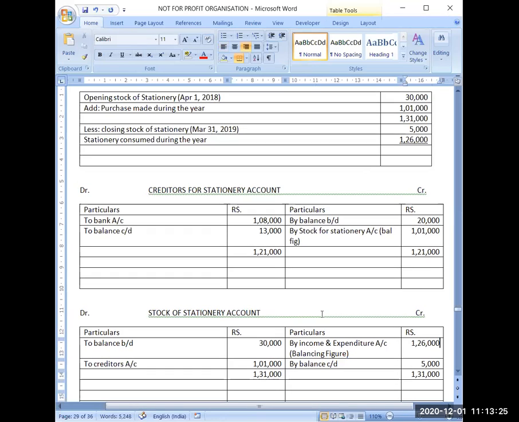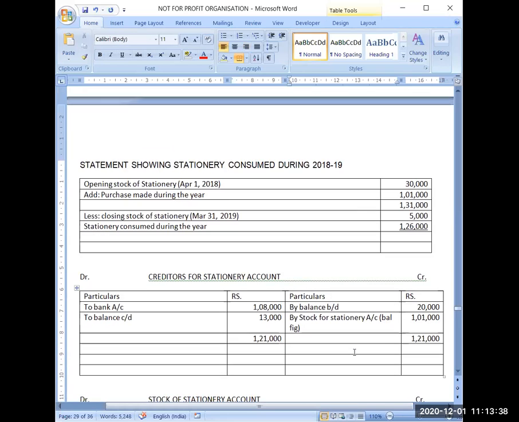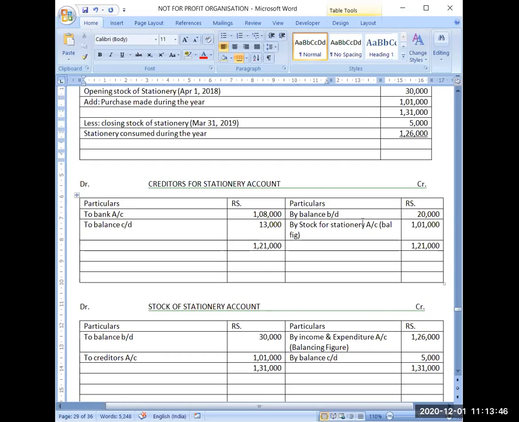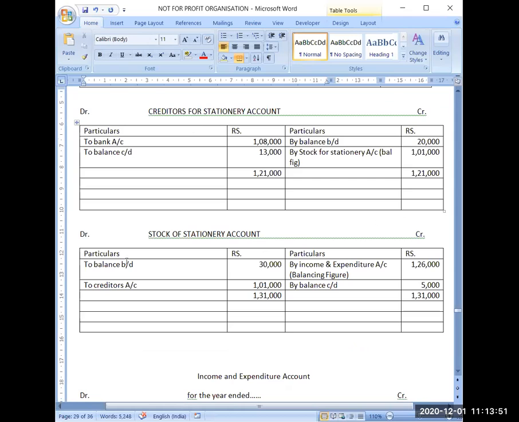Many times you may be asked to prepare the stock of stationery account as well as creditors for stationery account. This way you will be preparing these accounts and calculating the information to be written in income and expenditure account. And sometimes if you wish to cross check your answer, then you can use this way of adding and subtracting also. But my advice is that you should be theoretically clear about these two accounts.